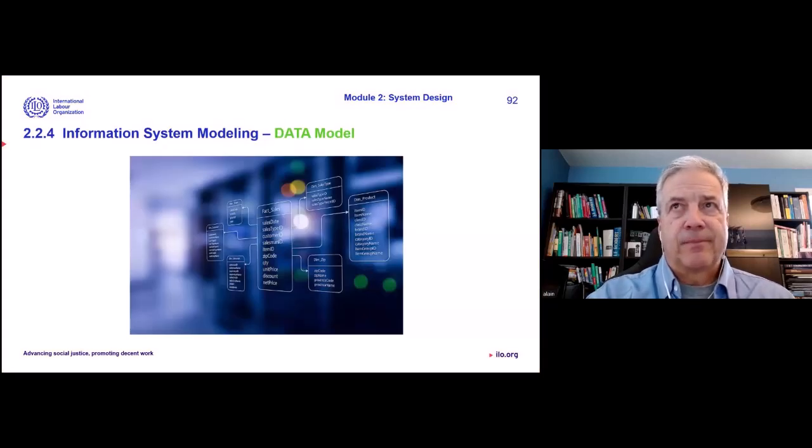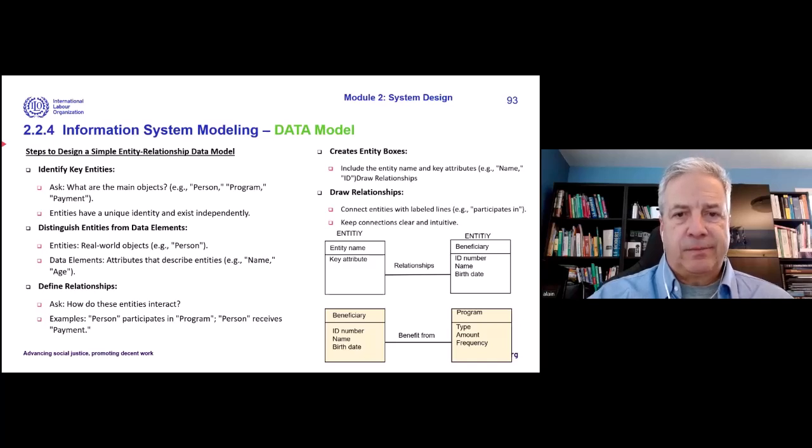Information system modeling, data model. That's another layer, another dimension of a system. We have talked about the function. Now we talk about the data. So we need to have a description of the data in a way that the system can store it and process it. As a user of the system, we need to describe each element, what it means for us.